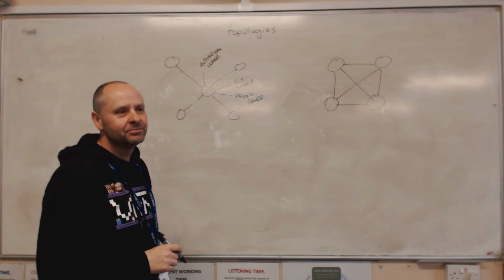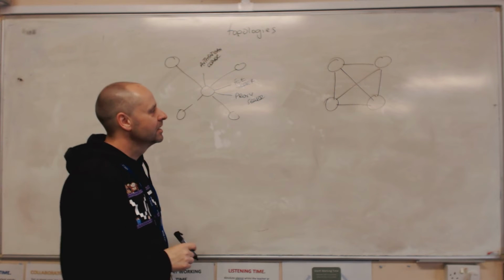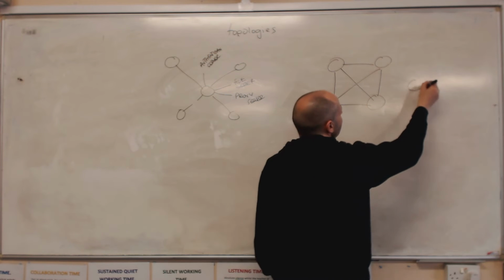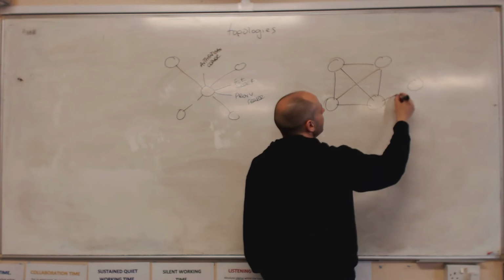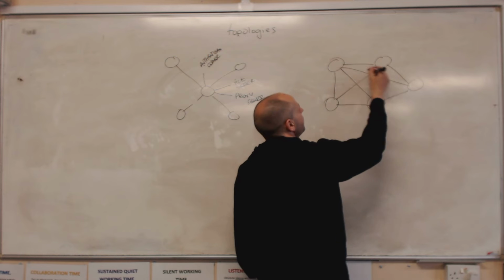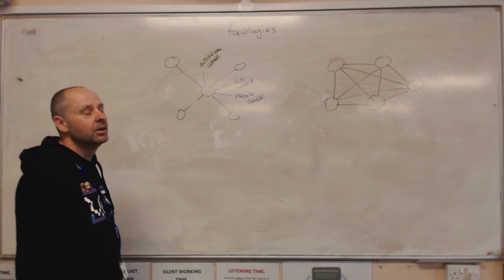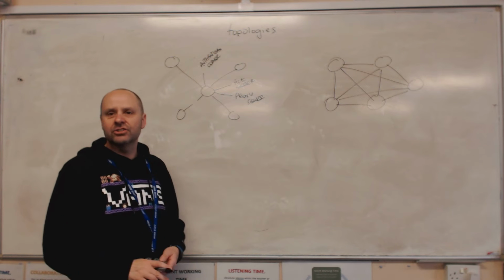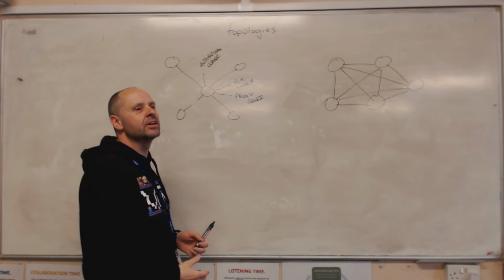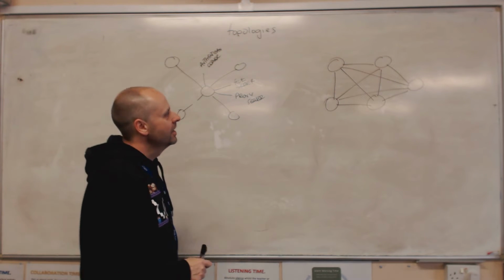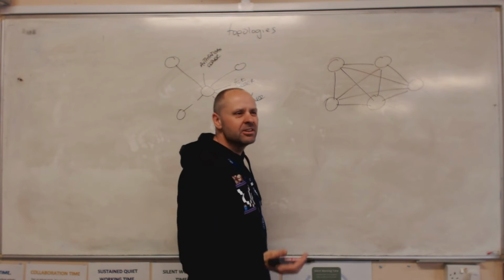Do 4. In reality, if we add another item to the network, it has to be connected to all the other devices. So in a pure mesh network, you're going to get a big cost increase as you add more devices. So in reality, we don't do that because it's not very practical.